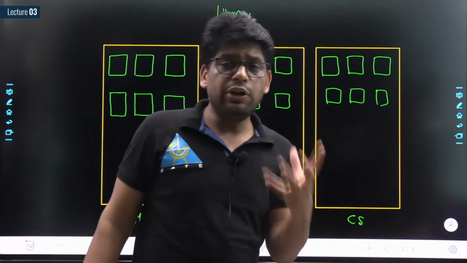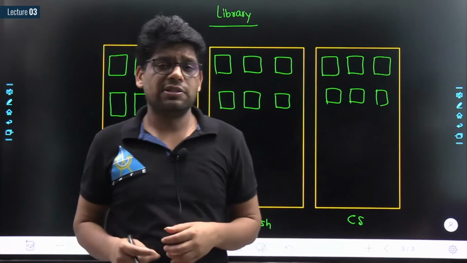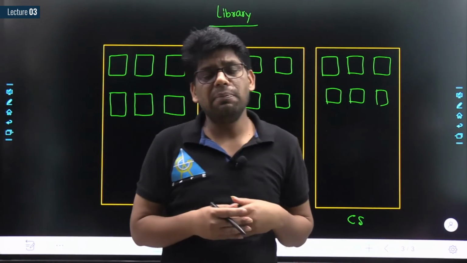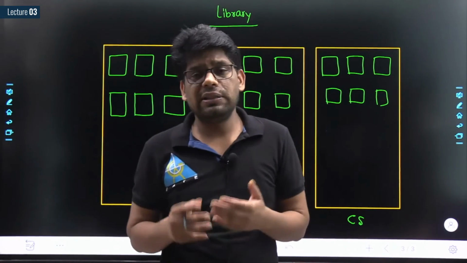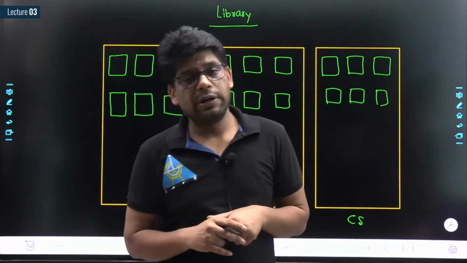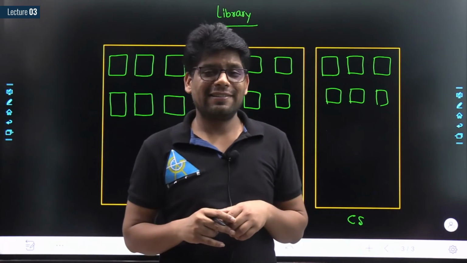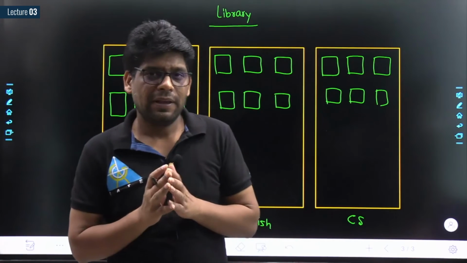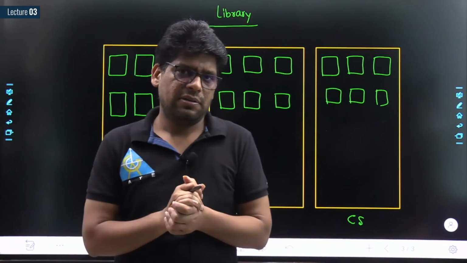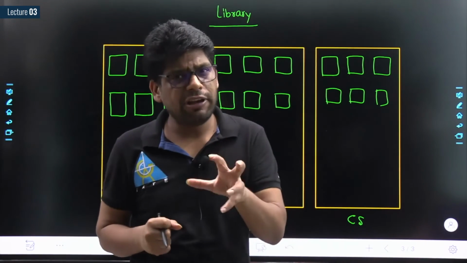We must have some function for square root. We must have some function that will provide the log of a particular value. Sir, are these functions already present somewhere? Yes, of course.